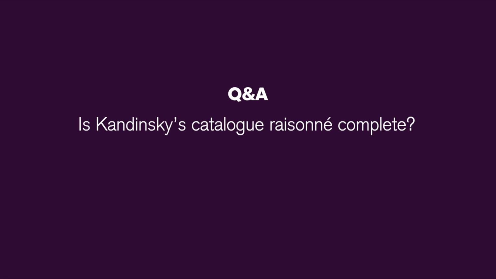Nothing is complete. Right now I'm working on an addendum to the volumes of the Catalogue raisonné, which means works that have come to light recently. And it's a small number of works. There are also many lost paintings by Kandinsky.